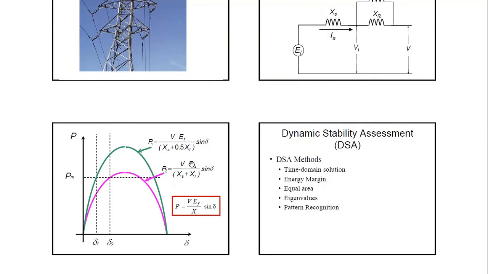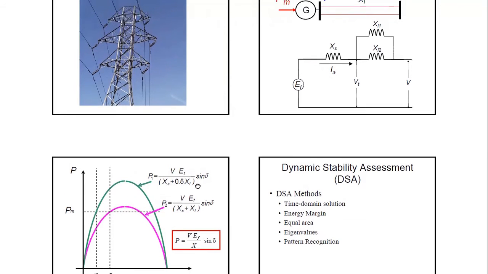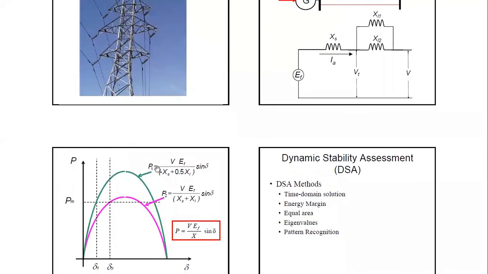When we have two parallel lines connected between two buses, the equation will be V into EF divided by XS plus 0.5 XL, into sine delta. So the transmission line reactance reduces by half, and therefore the power transfer capability of the transmission line will be increased.